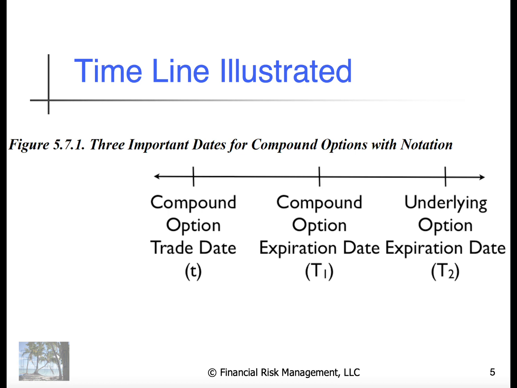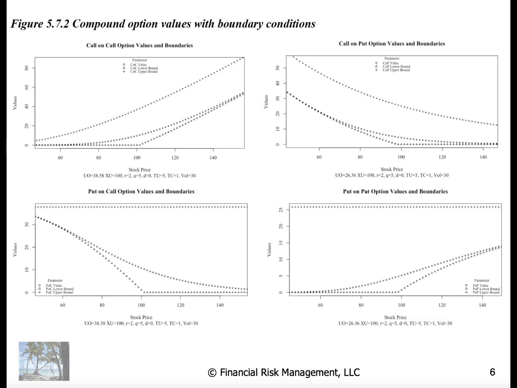Again, the three important dates: compound option trade date, the expiration date of the compound option, and then the expiration date of the underlying option. And so some of the results of the model, it turns out there are four different types of compound options. There's a call on a call, which is a compound call option on an underlying call option.